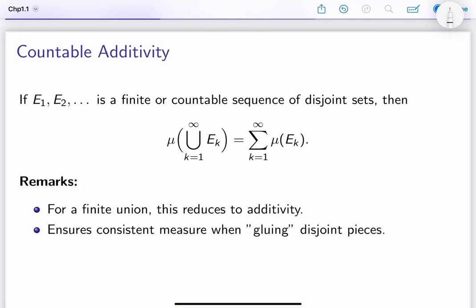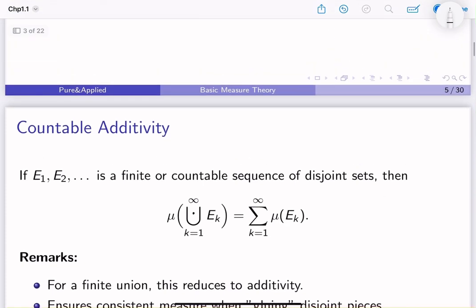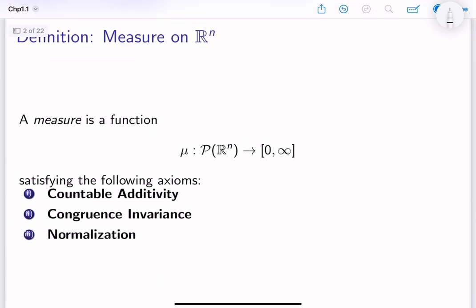So the first property is we want the mu of any disjoint union of sets that fall in the domain of mu to be equal to the sum of the mu's, right? Now, we haven't talked about the domain of mu yet, but for now we're gonna try to do it for the power set of Rn.